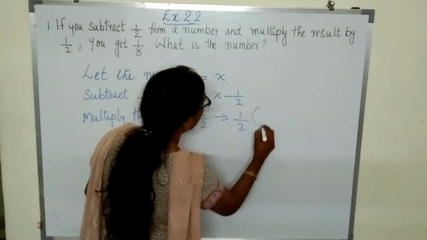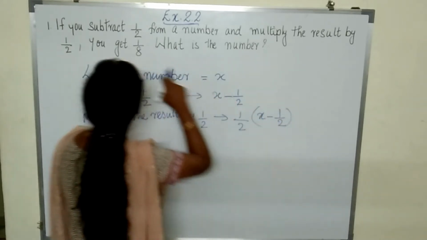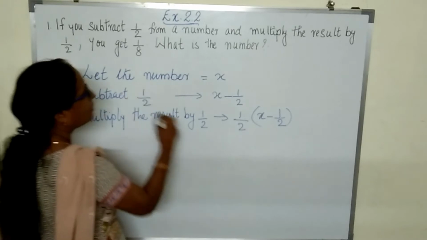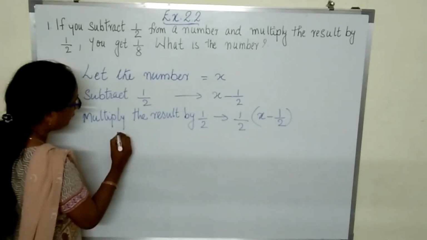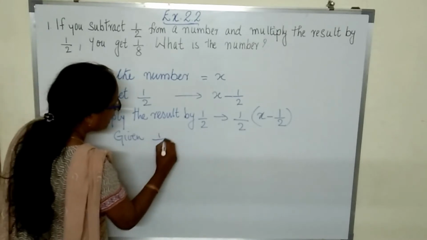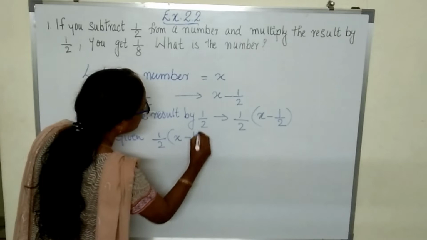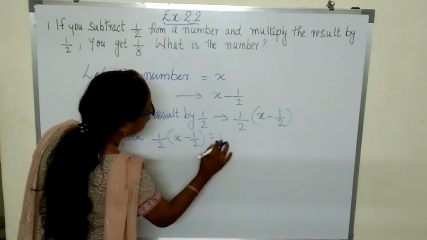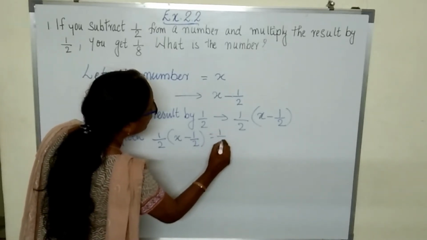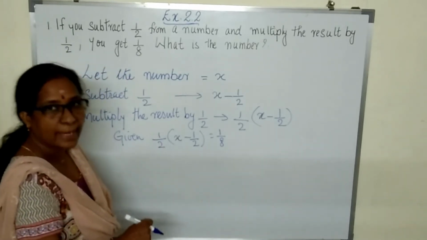Half multiplied by x minus half. What do we get? We get 1/8. So what is given in the question? Given half into x minus half is equal to 1/8. Now we have to find the value of x.